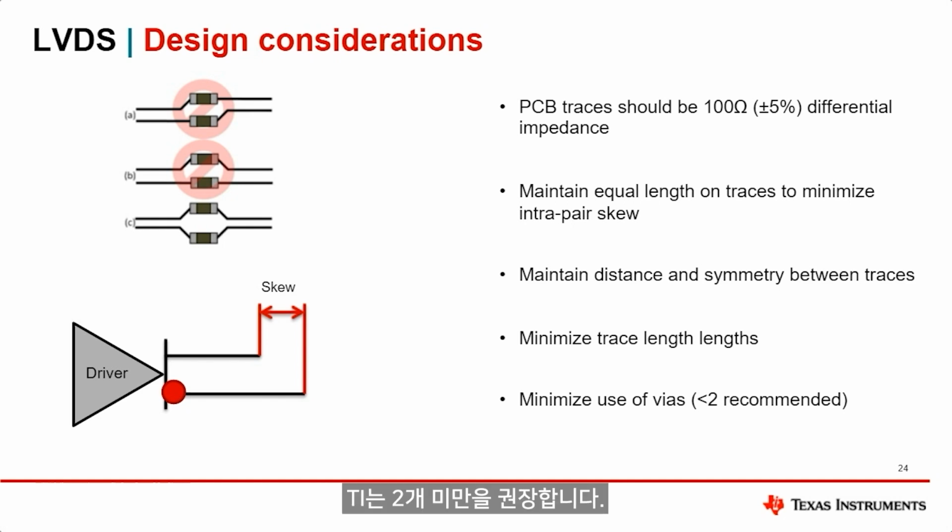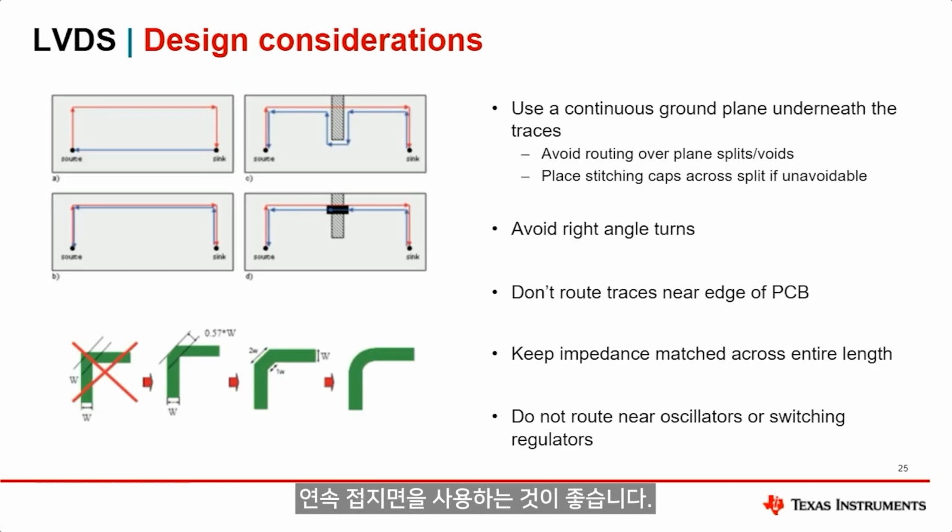TI recommends less than 2. In addition to that, it's recommended to use a continuous ground plane under the differential traces. Of course, avoid routing with right angles. Don't route near the edge of PCBs or near any noise sources such as oscillators or switching regulators as well.